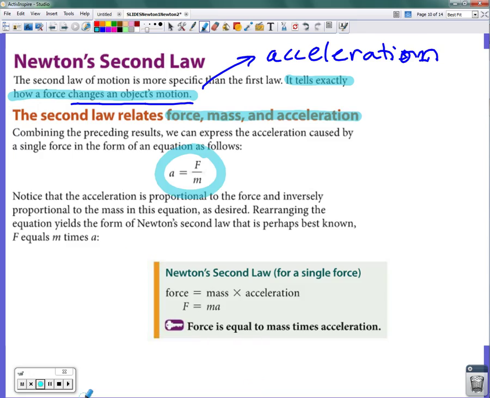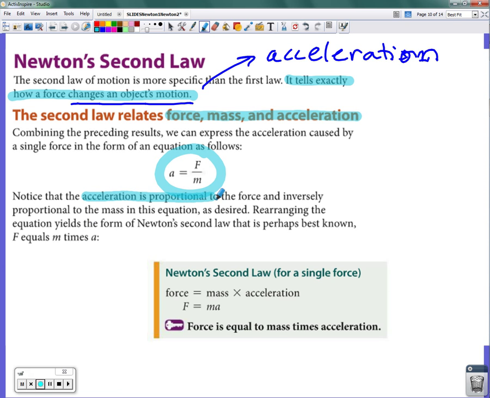This equation shows how force and mass affect the acceleration of an object. And if you know anything about math, here's acceleration, here's force. Force is on the top of that fraction. So if we make force bigger, but keep the mass the same, acceleration has to get bigger to keep the two sides of the equation equal.